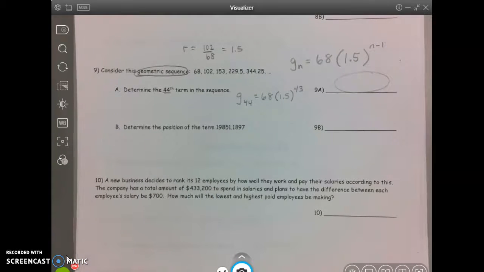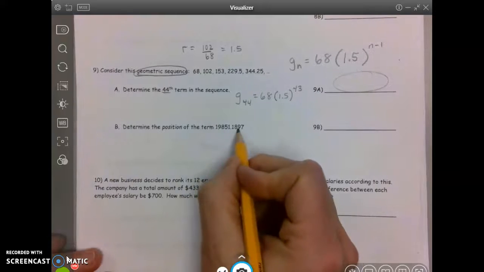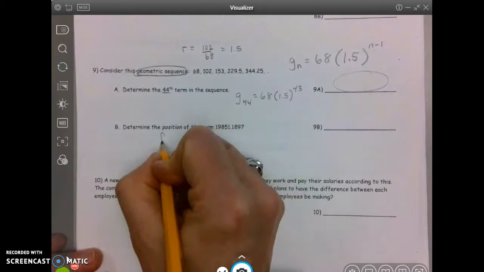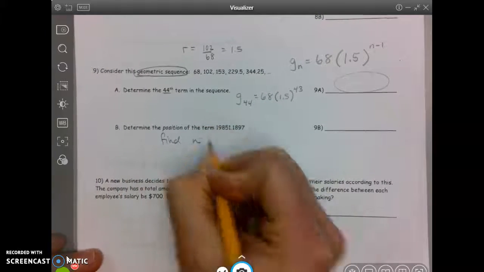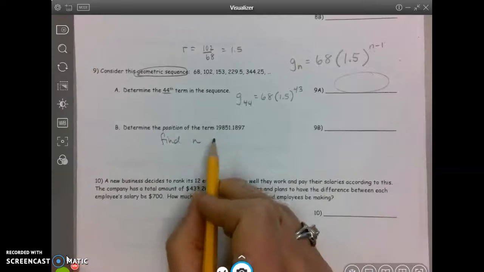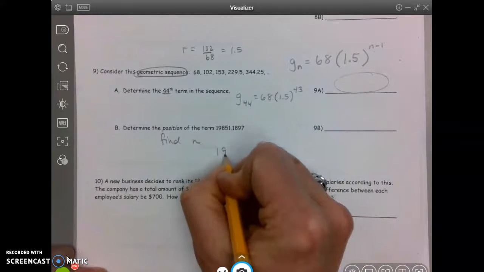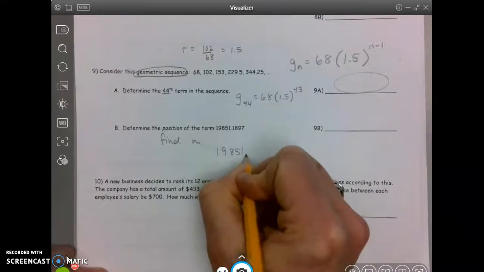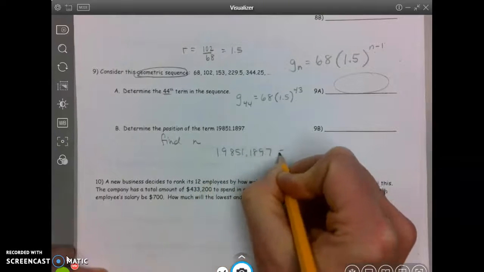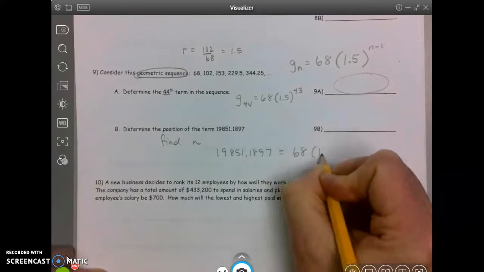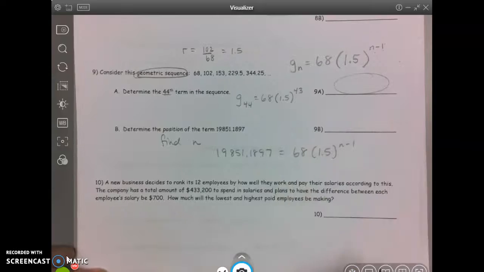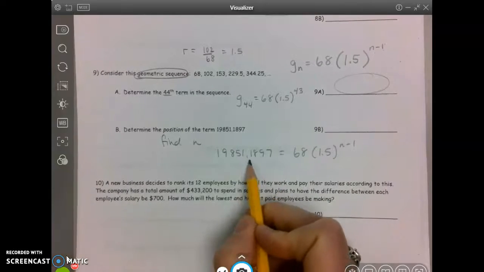Let's look at letter B. It says determine the position of this term. So we want to find n. I need to figure out how I get 19,851.1897 to equal 68 times 1.5 to the n minus 1. This is the answer that I want.